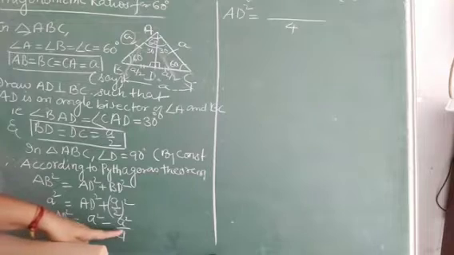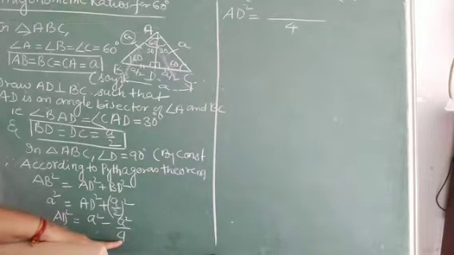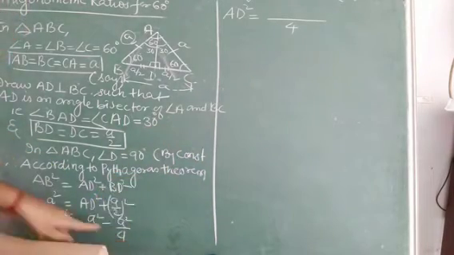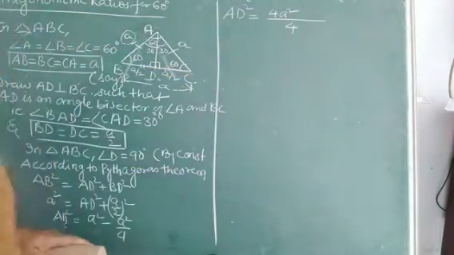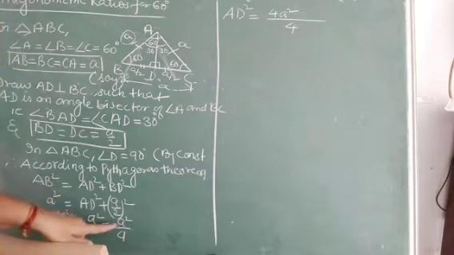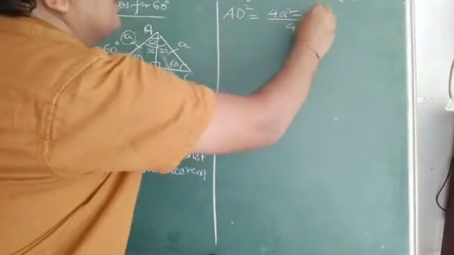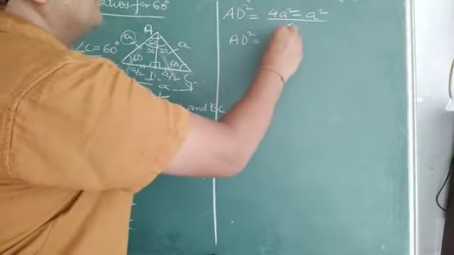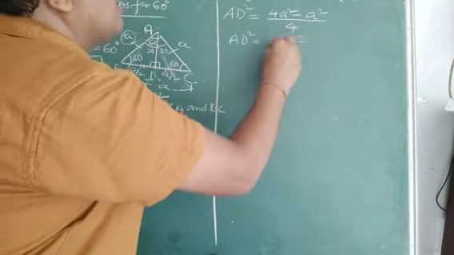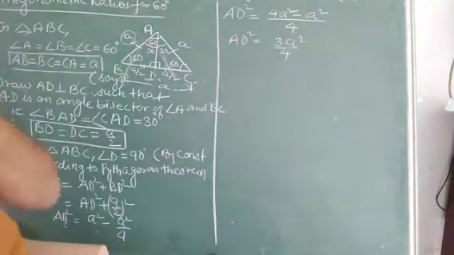A square minus A square by 4. So what is the LCM here? 4. 4 into A square, that is 4A square. 4A square minus A square. That is AD square is equal to 4A square minus A square, 3A square upon 4, children.